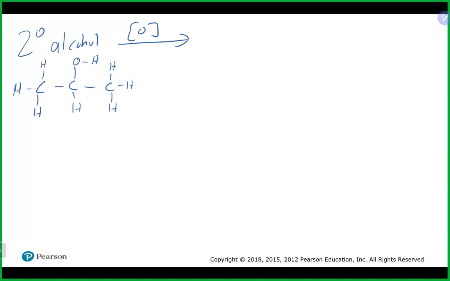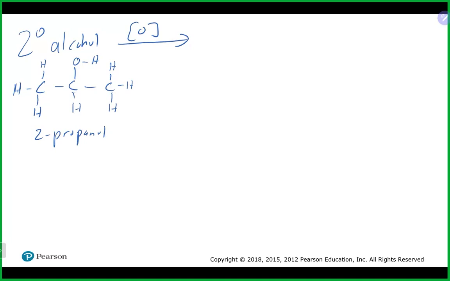By the way, what is the name of that secondary alcohol I just drew? How many carbons does it have? 3. 3 carbons is based off of propane, right? That's propanol. And the OH group is located at carbon number 2. That is 2-propanol, yeah? Also known as isopropyl alcohol. Also known as rubbing alcohol as well, I suppose, yeah.